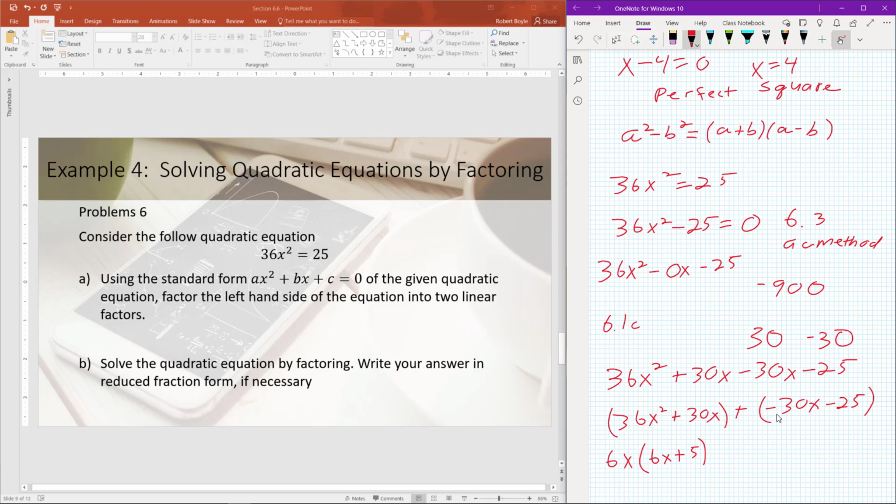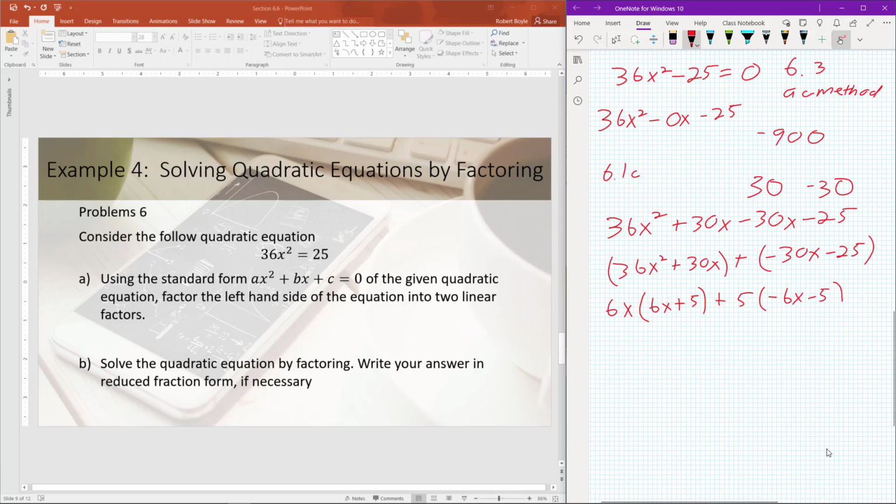Now over here, I have a 6 and a 5 in common, and then I have a negative 5, and then I have 2 5s here, so a 5 in common. So I can rewrite this as 5 times negative 6x minus 5. All right, so I have another step, because notice here that this binomial is the negative of this binomial, so I can factor out a negative 1 here, and that will give me a negative 5 times 6x plus 5.